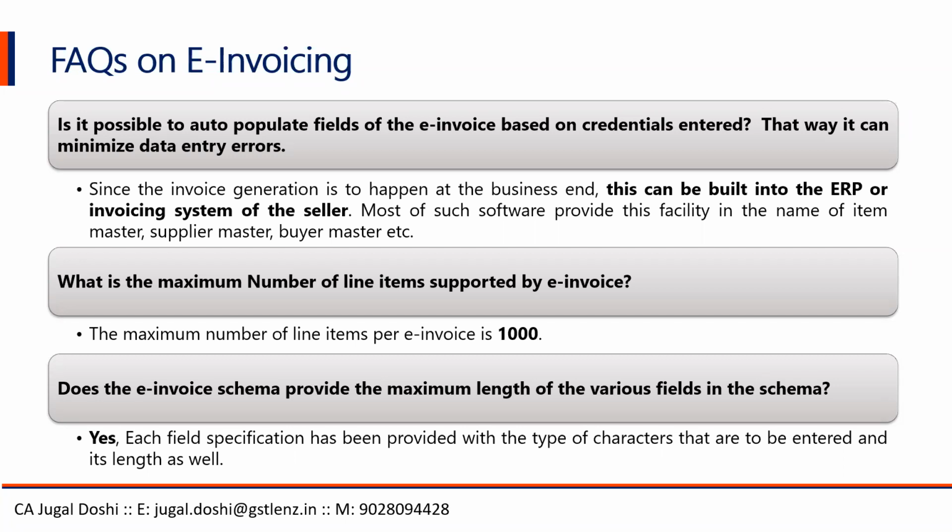There is a maximum number of lines which can be there in an e-invoice. Maximum 1000 is the limit. I even faced this issue with one of my clients, who had B2B supplies. Let's say they were supplying goods to their franchisees, or just for an example, Bajaj is supplying goods to the dealers. Spare parts go, cars, two-wheelers go. Everything has a separate barcode.